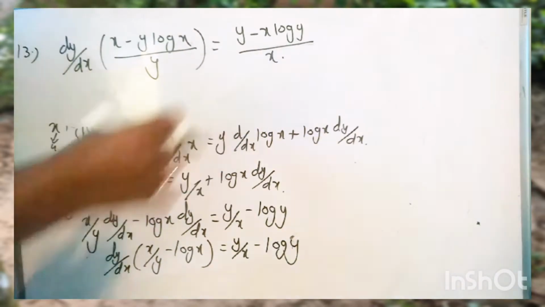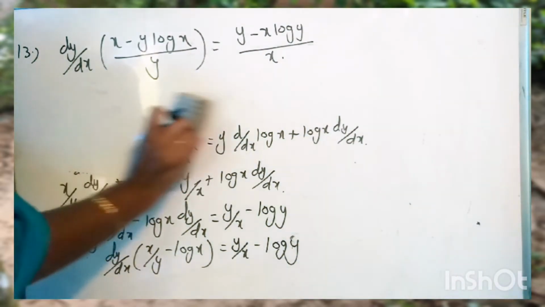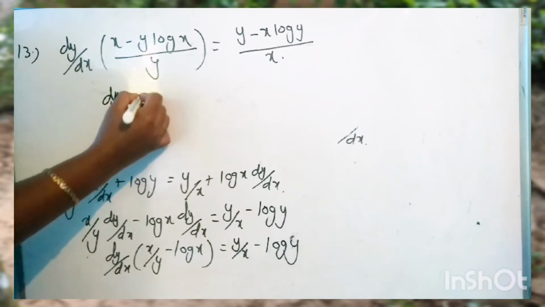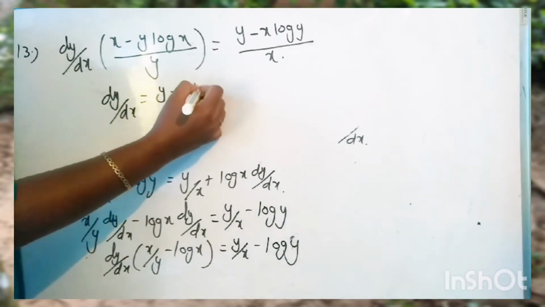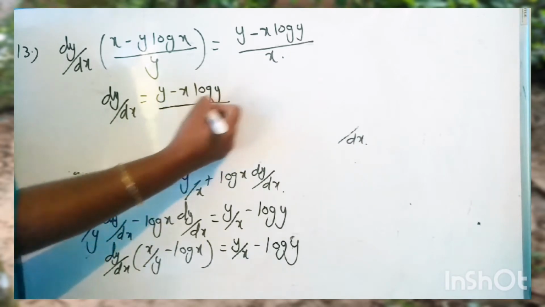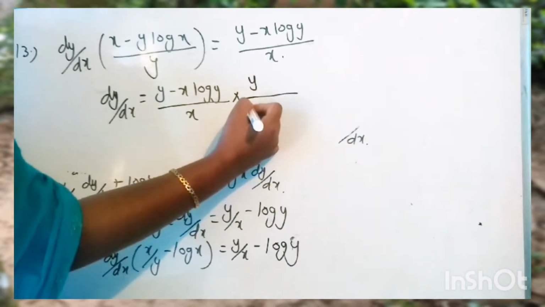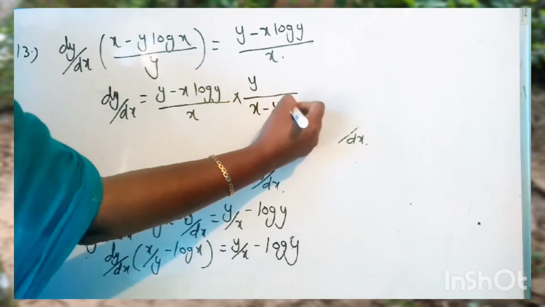Now take this term to the RHS. Then dy by dx is equal to (y minus x log y) divided by x, into y divided by (x minus y log x).